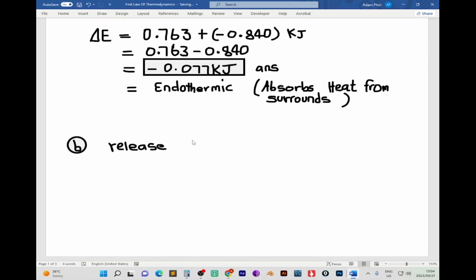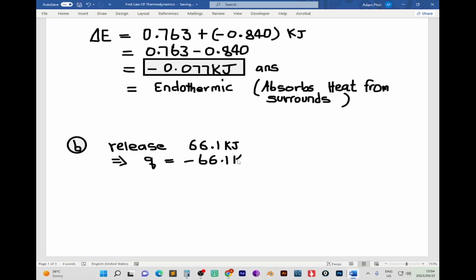So going out of the system would mean that we have 66.1 kilojoules, and that will mean that our Q there will be negative.